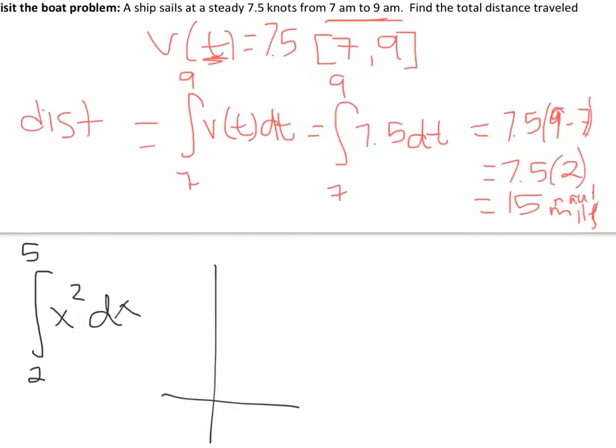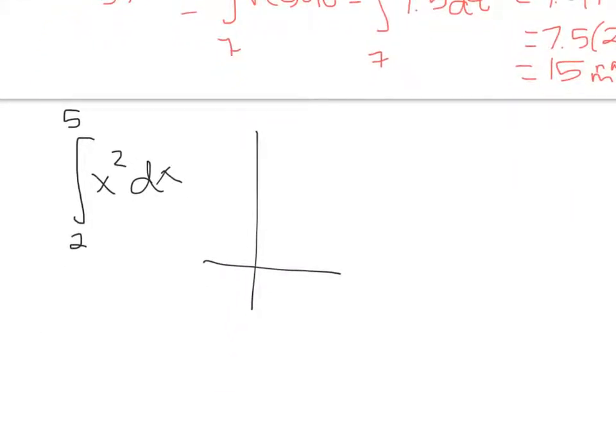So it wants you to draw x squared, which is a parabola. That's a terrible parabola. There we go. And it wants you to go from 2 to 5.